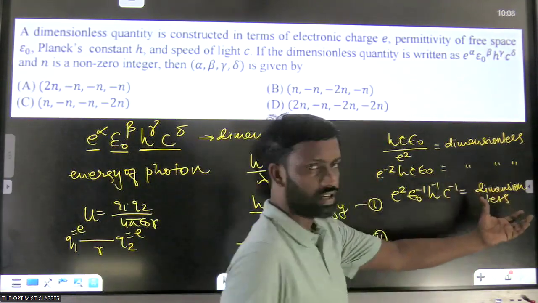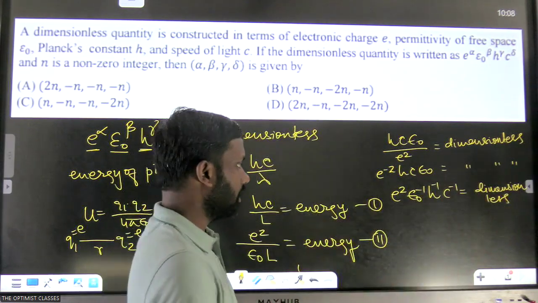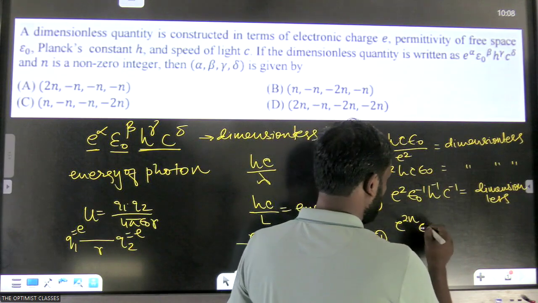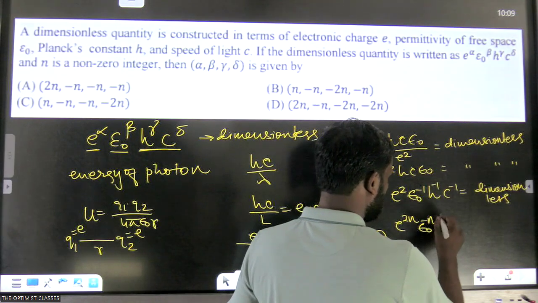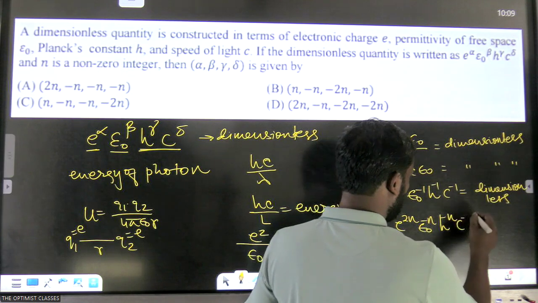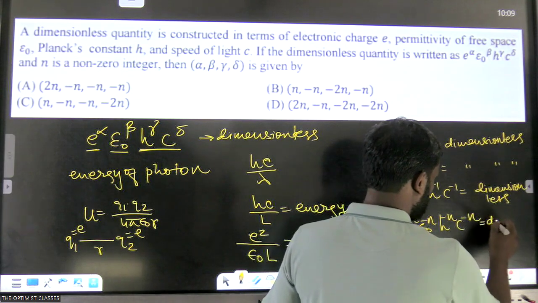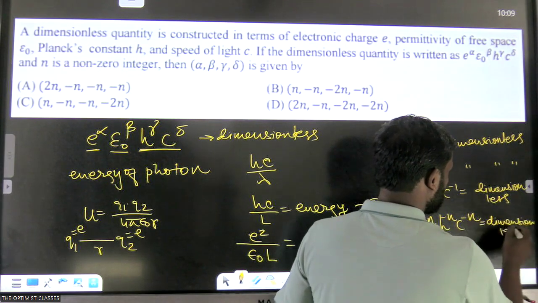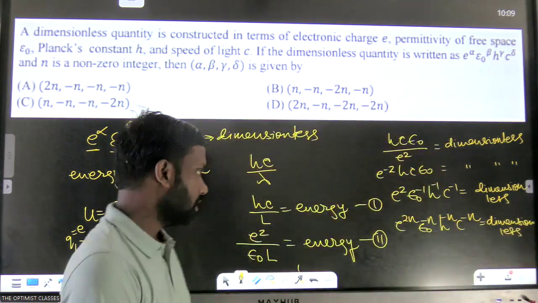If something is dimensionless, any power of it will also be dimensionless. So we can write e to the power 2n, epsilon naught to the power minus n, h to the power minus n, and c to the power minus n. That will also be dimensionless.